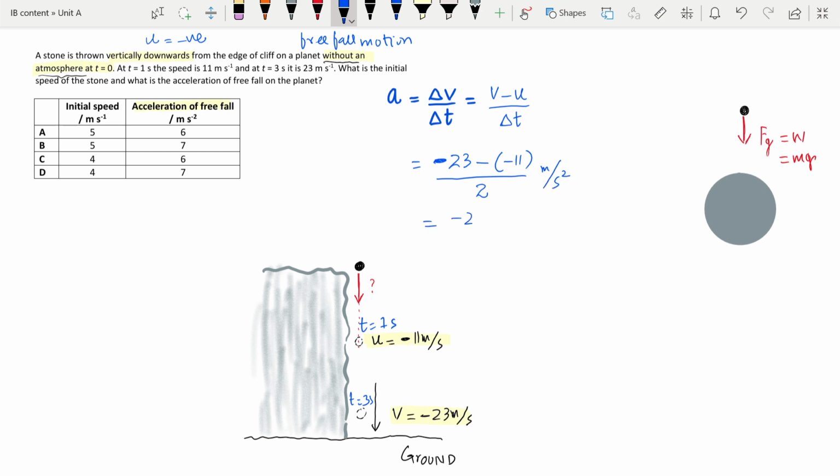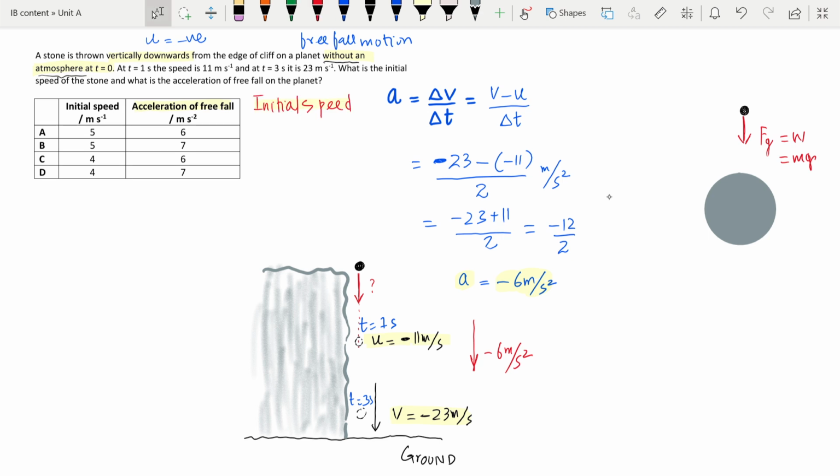So then acceleration is equal to negative 6 meter per second square, and negative is once again because the acceleration's direction is downward, otherwise its magnitude is positive. Okay, now what is the initial speed?